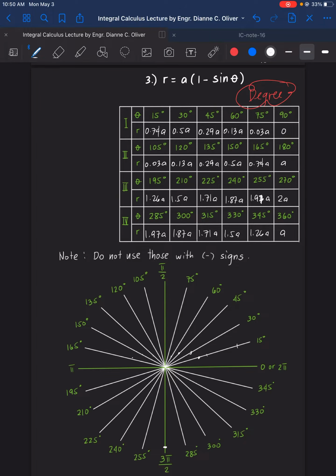So let's put it here. I hope I'm doing this right. Okay, 135.